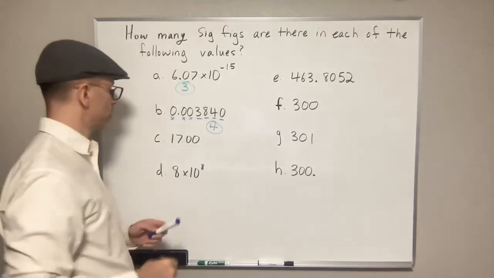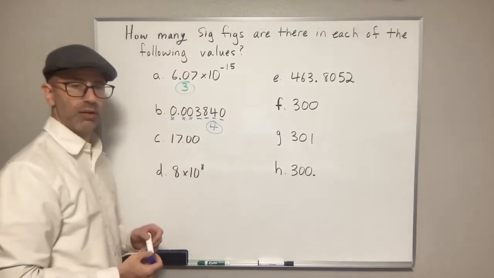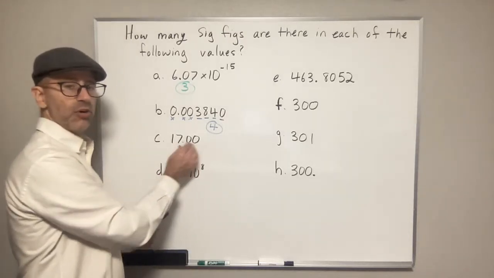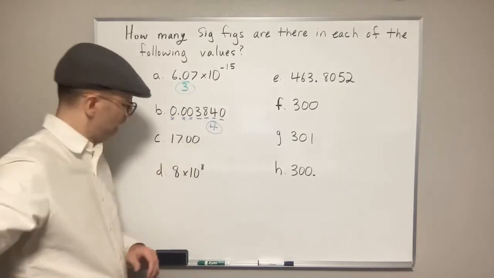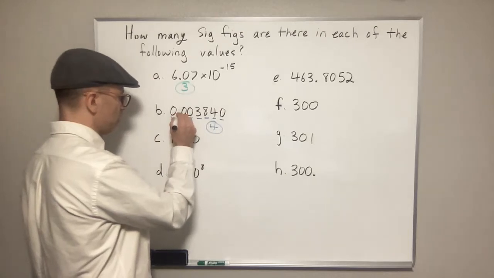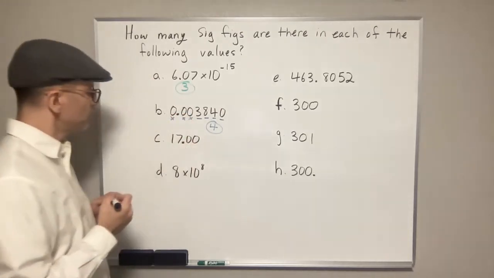So what about this number here? So we have the 1 and the 7. Those are significant. And again, we have these two numbers, these trailing zeros at the end of your number. Is that significant? So let me make sure that the decimal point is visible here.